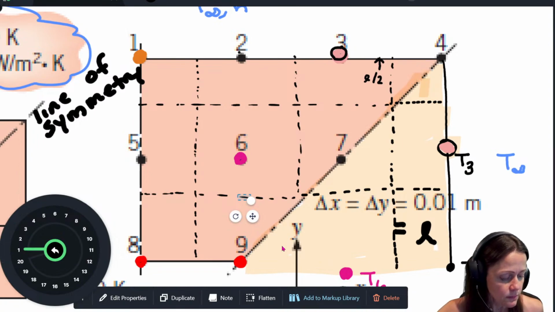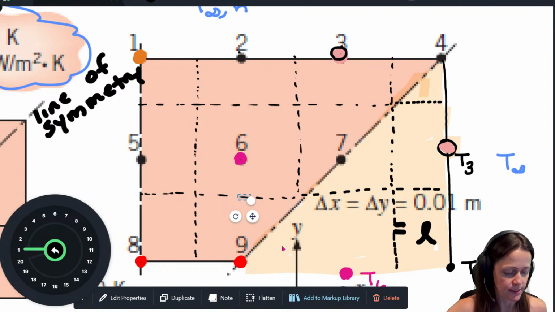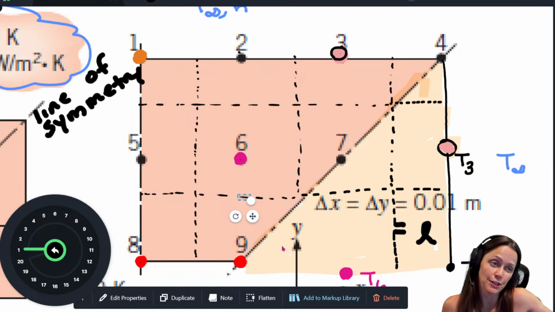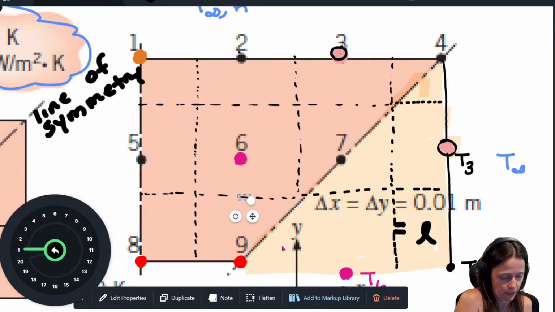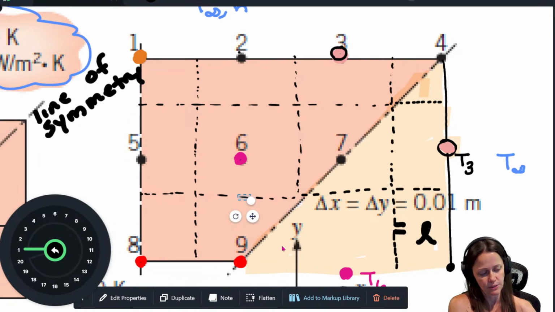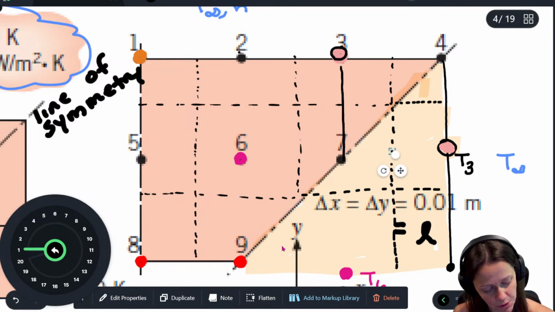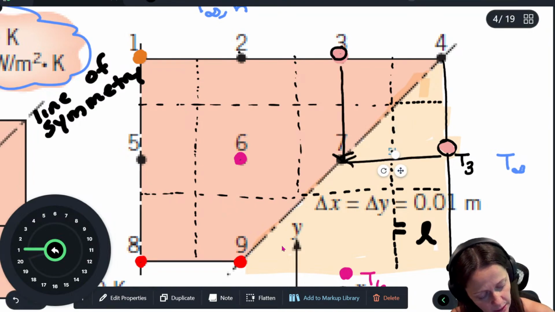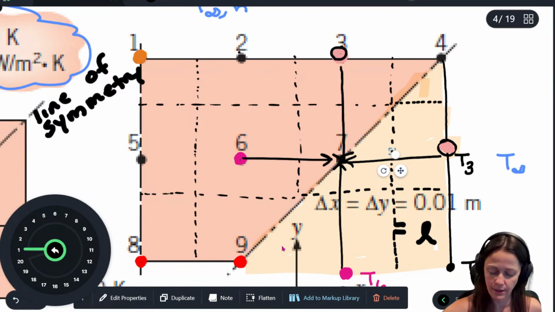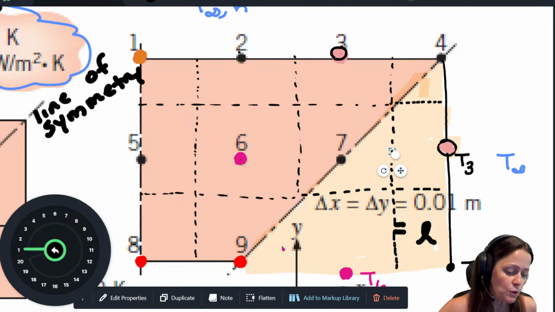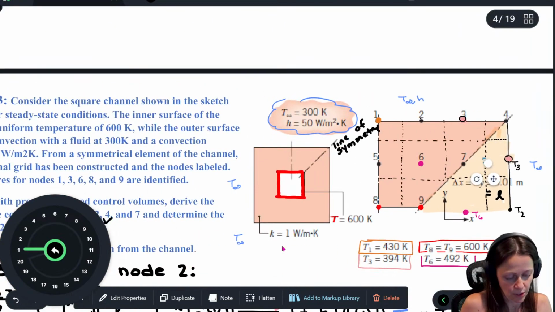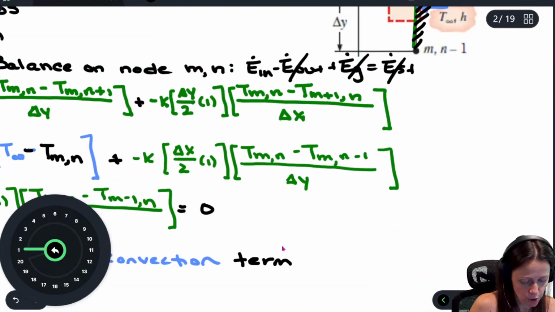Okay. So we are doing an energy balance on node 7. The picture that was drawn was just a section, but I do know that there is other material there. And so taking advantage of that line of symmetry is useful, because now what I have is an interior node. And an energy balance on an interior node is super simple. We got one here, one here, one here, one here. If you recall, let's actually go look at the first equation that we wrote down.